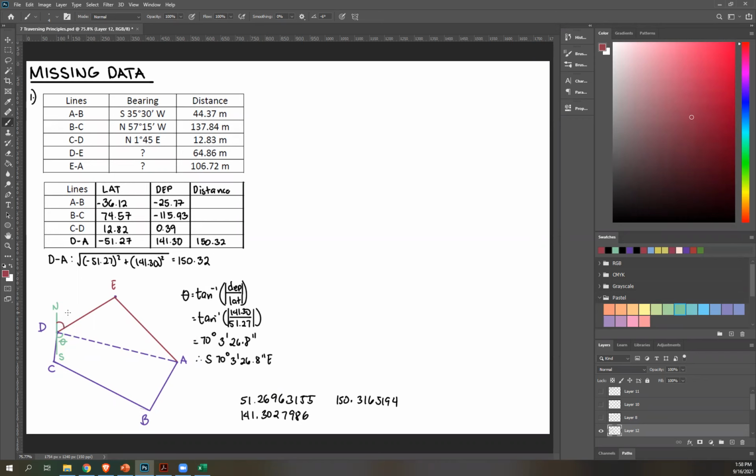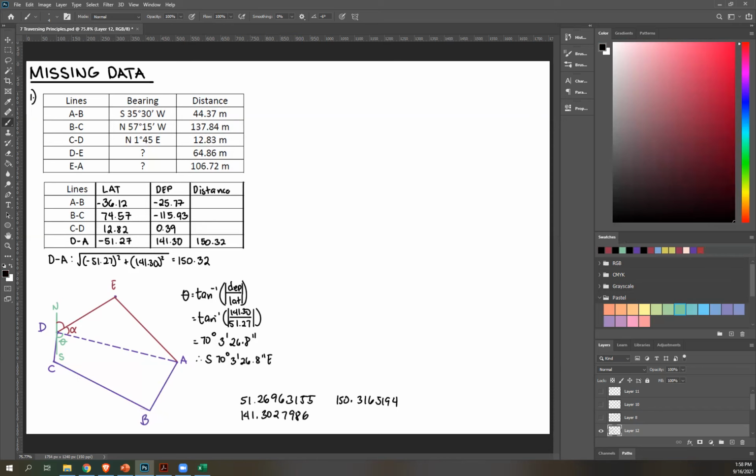I've already solved for theta, right? So all I need is to get this in order to get the bearing of line DE. Starting at D, let's call this alpha. Then I just subtract, because this whole thing is 180 minus theta minus alpha, and I'll get this bearing.